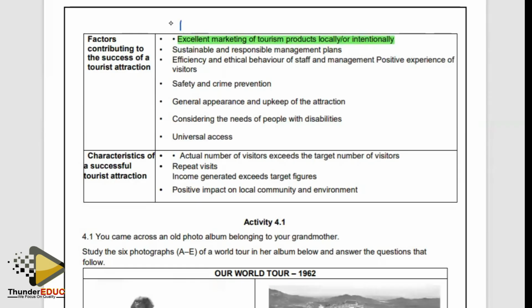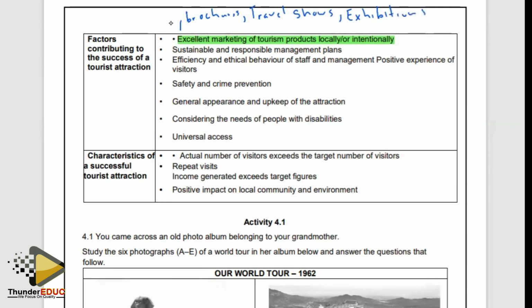Marketing can be done using traditional methods such as brochures. It can also be done through travel shows and exhibitions.